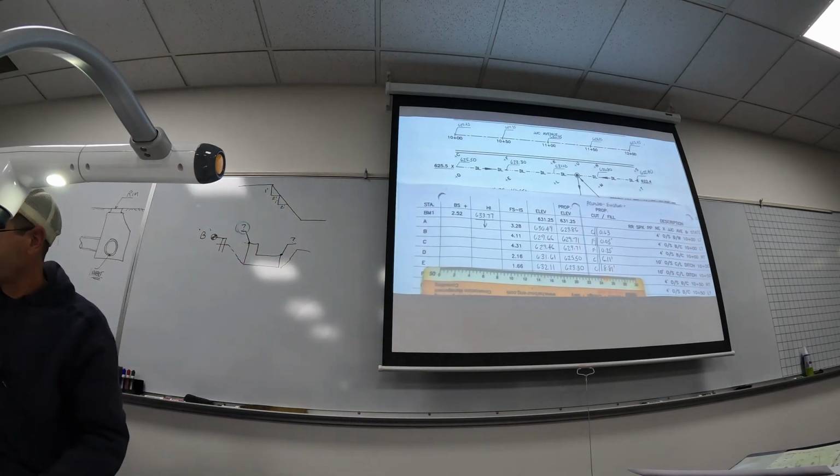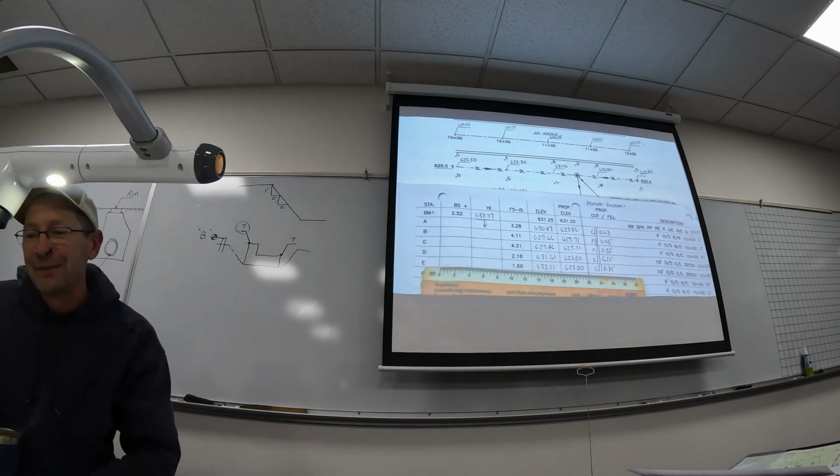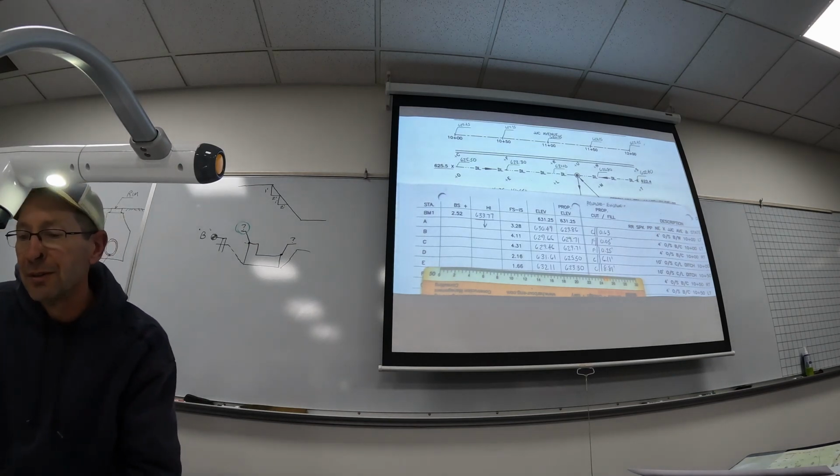So our ditch cuts are 6 and 8 feet, so not real deep cuts for the road. Those are pretty shallow for the curb and gutter on the pavement, but the ditch has got some deeper cuts.